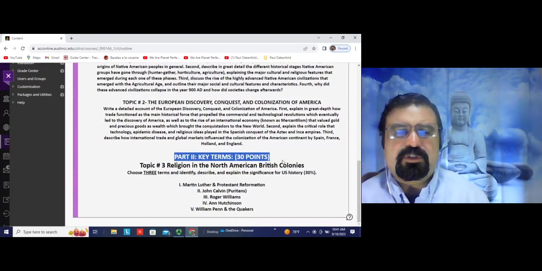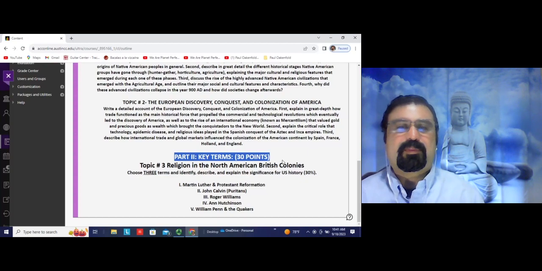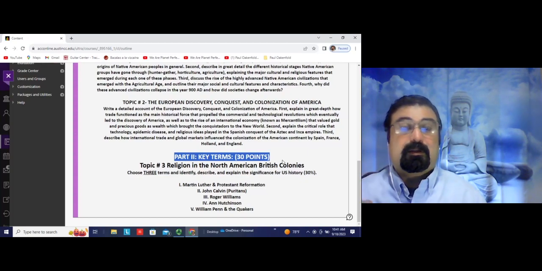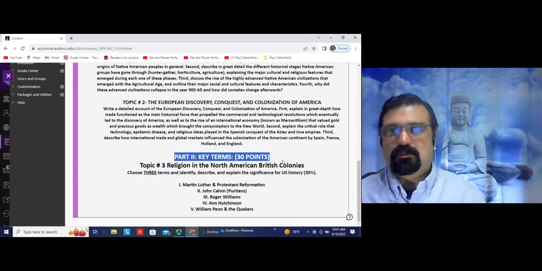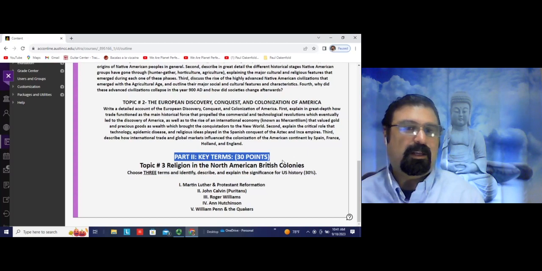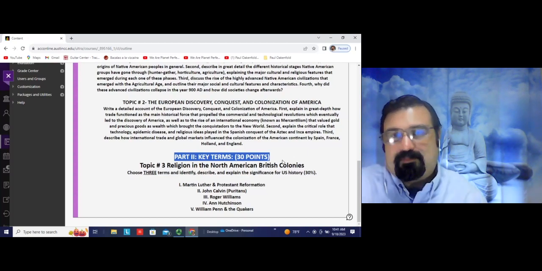And then part 2 is the key term section. The key term section deals with the third topic on religion. So everybody has to do the topic on religion in this case. Everybody. Because it is part of the exam and there is no option.